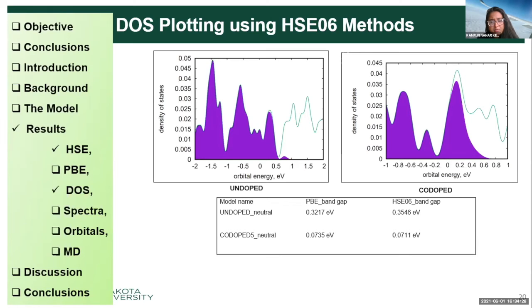Using the hybrid functional method, we are able to see the result and compare it. It's a neutral state, all are neutral state. And the HSE hybrid functional method shows a higher band gap compared to the PBE functional method.